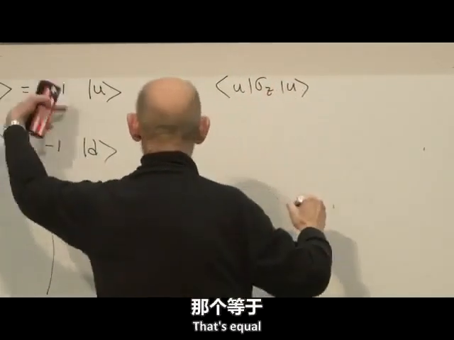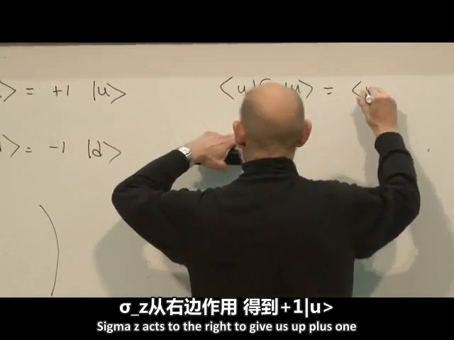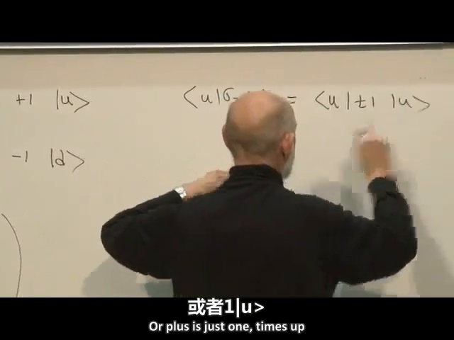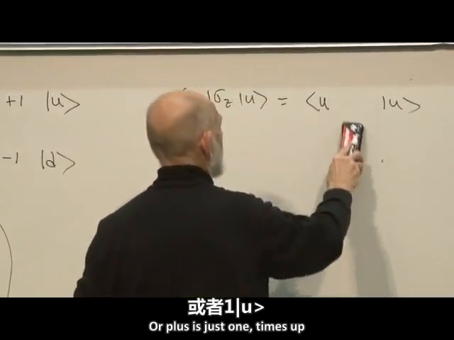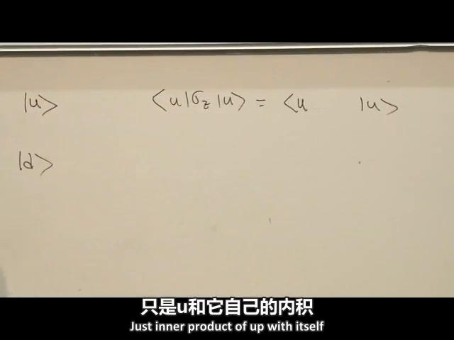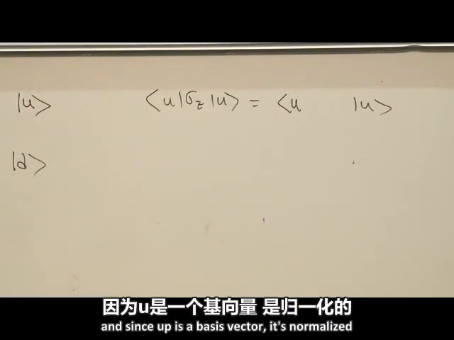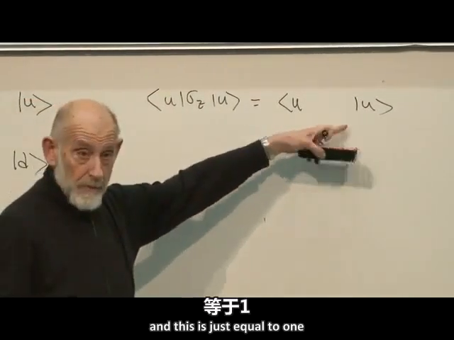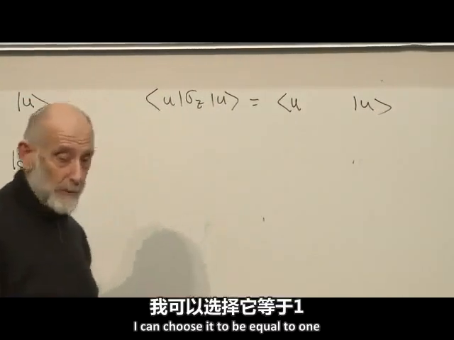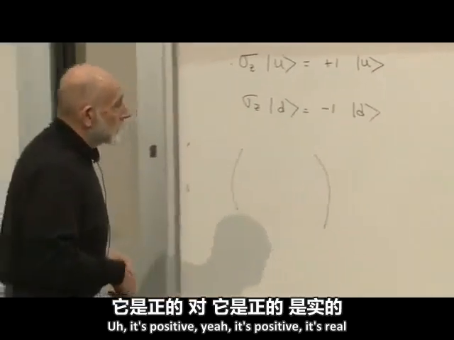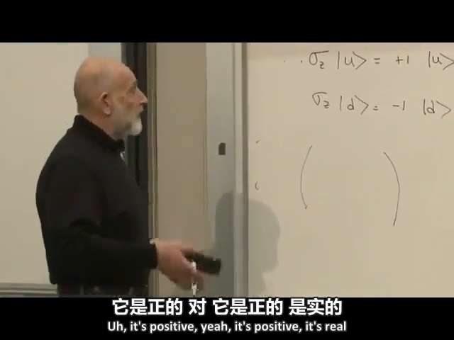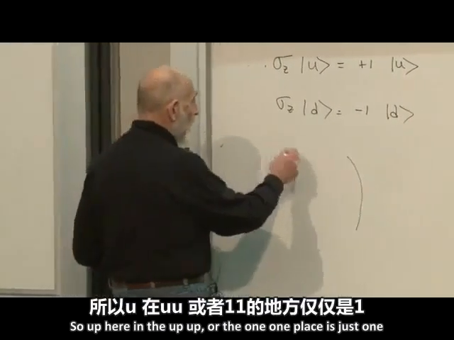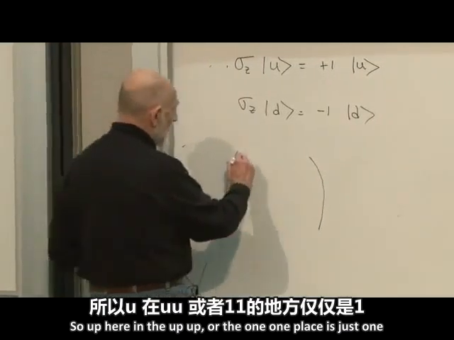Sigma z acts to the right to give us +1 times up, which is just the inner product of up with itself. Since up is a basis vector, it's normalized, so this is just equal to 1. It's positive, it's real, and it's just plain 1. So in the up-up, or the 1,1 place, it's just 1.